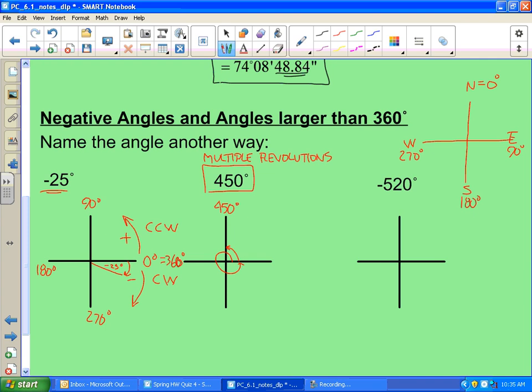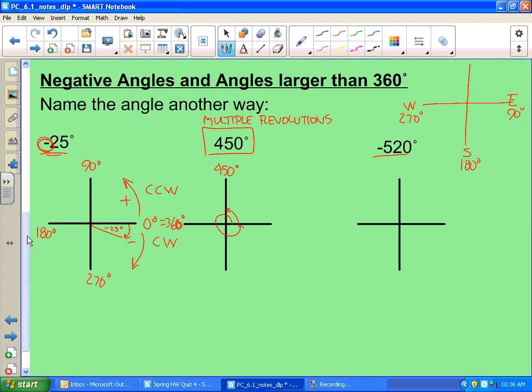How do you know it's negative? Well, one of the ways we know it's negative is because there's a negative in front of the degree. But if you were just looking at it, like let's do it for this one. So negative 520 says go clockwise around the circle until you get to the equivalent of 520 degrees. Well, we know we're going more than 360.